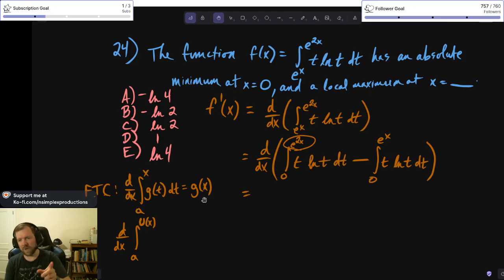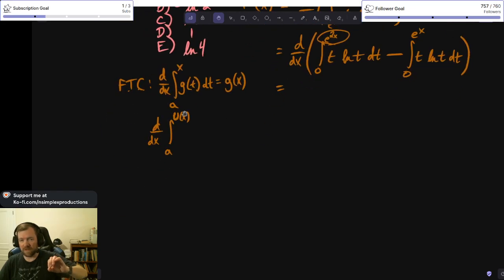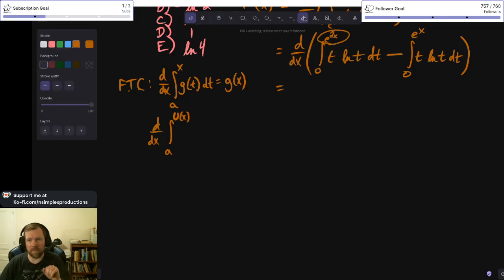And I'm going to show what happens when using a function, u of x, as the upper limit of the integral, in the long form.